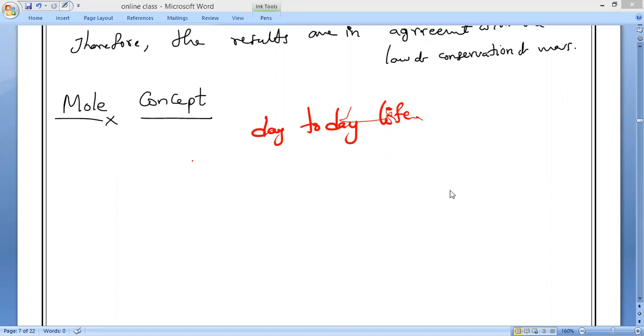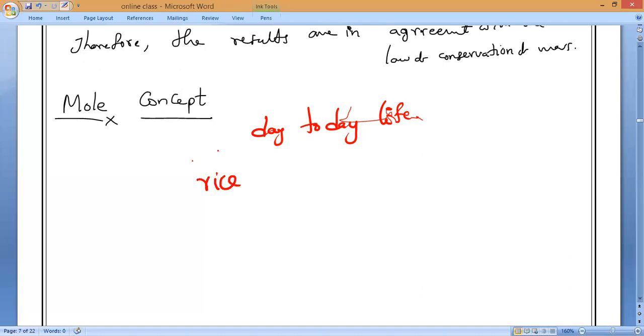Why can't we count them? If we take bananas, apples, pencils, we are counting. When it comes to rice, why can't we count? All of you tell me. We cannot count. Why?